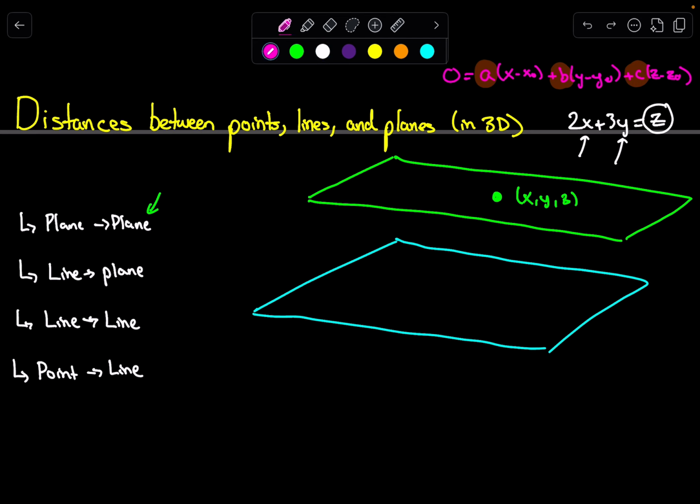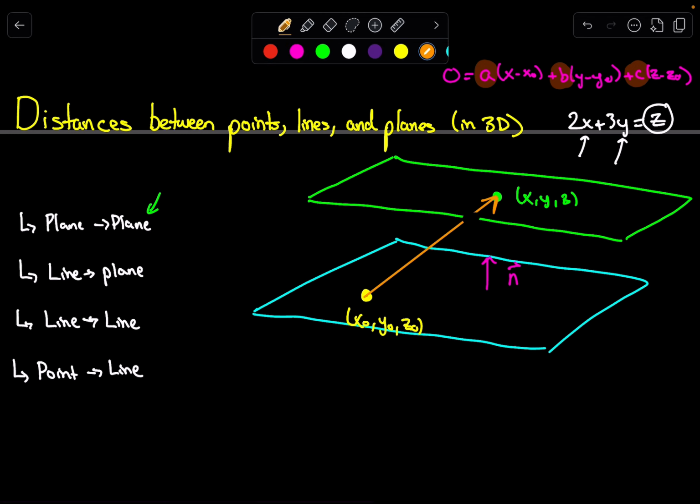This bottom blue plane has a normal vector of some sort. It has some normal vector n. I can pick a point that exists on this blue plane, x naught, y naught, z naught. I can draw a vector between these 2 points, and maybe I'll try to make my drawing a little bit more accurate here.